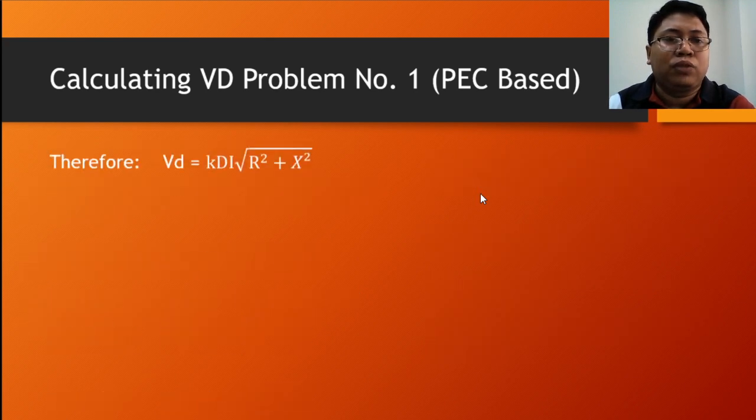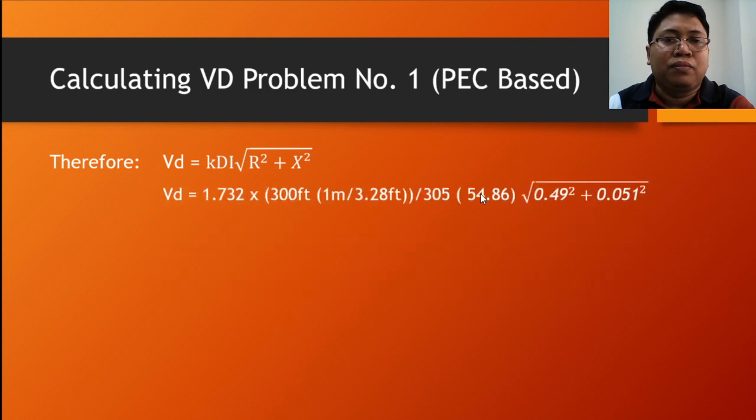Okay, so using the formula, VD is equal to, since this is a 3-phase, the K will be 1.732. And then, multiplied by the distance, since this is 300 feet, we will need to convert it into meter. That's why we divide it by 3.28. All over, divide natin sa 305. Sir, saan galing yung 305?